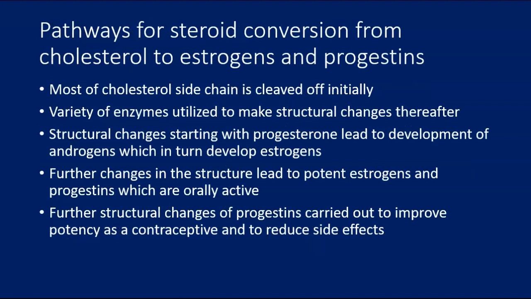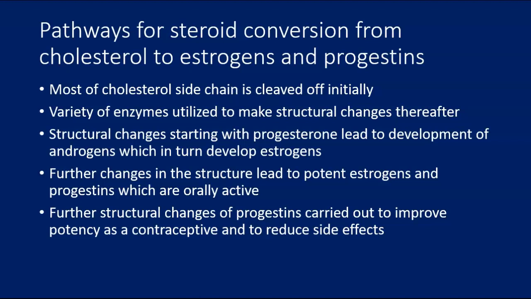Certainly, to have a full understanding of contraceptive steroids, you should have a little bit of knowledge about their conversion from cholesterol. The process basically involves cleaving off its side chain. Then a variety of enzymes make structural changes, which again lead to progesterone, which in turn can lead to development of androgens, which then through additional enzymatic activity will in turn develop into progestins.